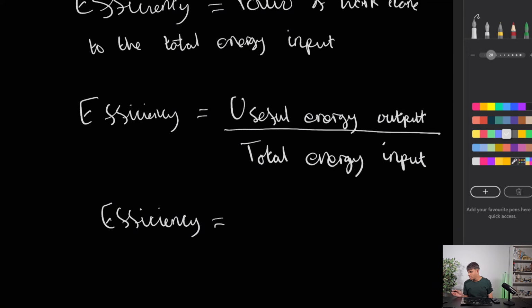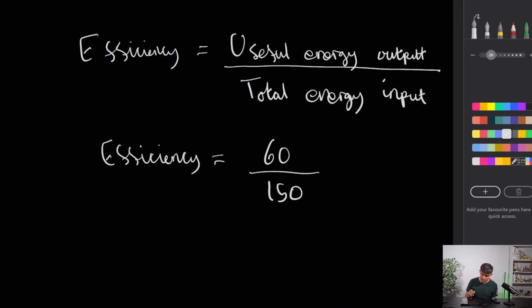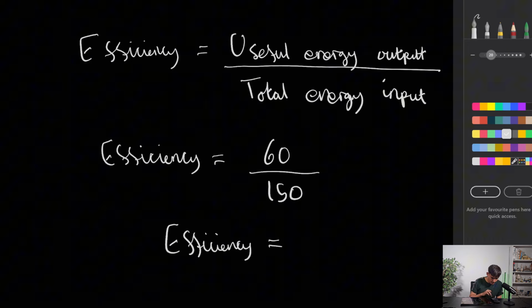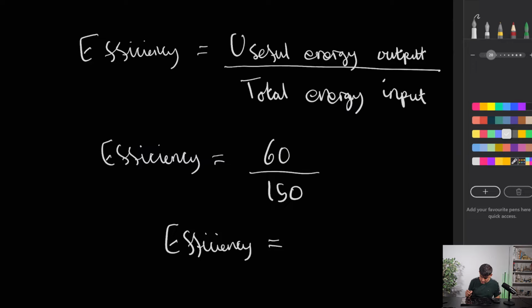We're told that the useful energy output is 60 joules, so 60 is the numerator, and the total energy input is 150 joules, so 150 is the denominator, and then we just calculate this. So 60 over 150 equals 0.4, and that is the efficiency.